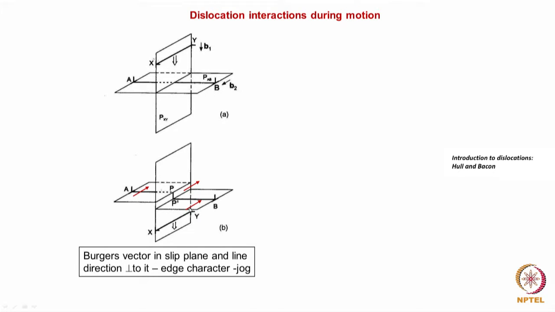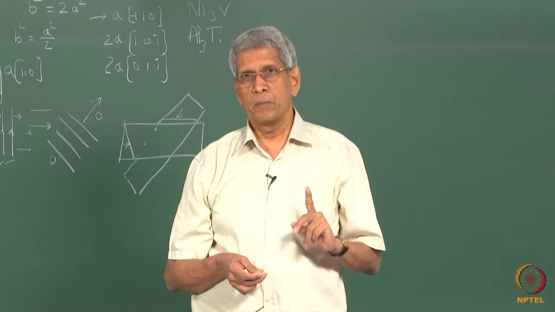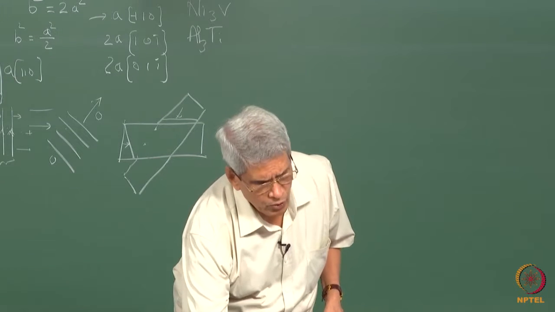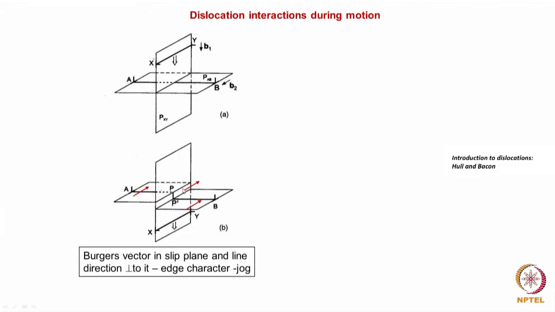And if we look at the plane in which this step is lying, this is the line direction. The Burgers vector of this dislocation is in this direction. Here also the Burgers vector is in this direction where the arrow is shown. That means that it is an edge character, but lying out of the slip line. When we know this is the line direction and this is the Burgers vector and they are perpendicular to each other, the slip line is this plane, the step itself is the slip line.